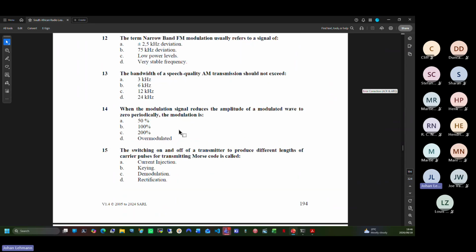When the modulation signal reduces the amplitude of a modulated wave to 0 periodically, the modulation is? Overmodulated. Oh, periodically. 100%.